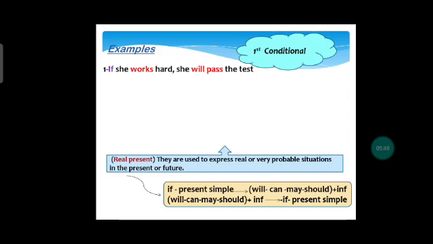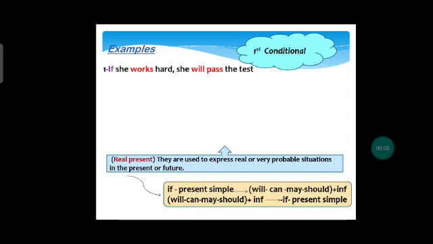Very good. Why? Here we use if first conditional to talk about something which is very likely to happen in the present or future. We use real present. They are used to express real or very probable situations in the present or future. If she works hard, she will pass the test.